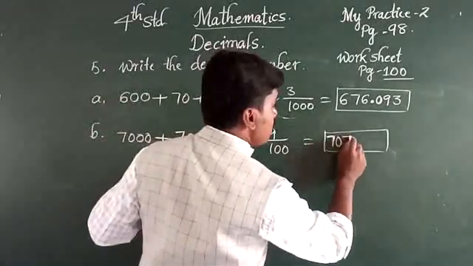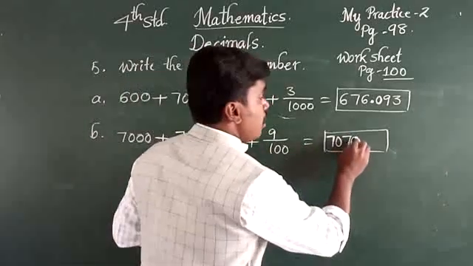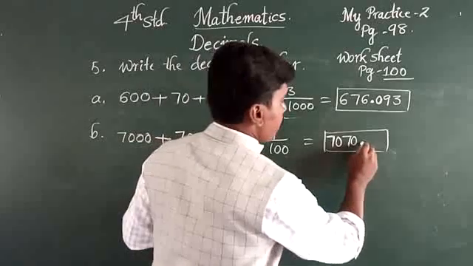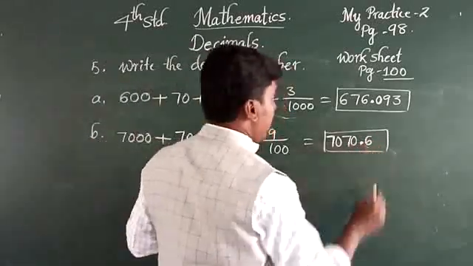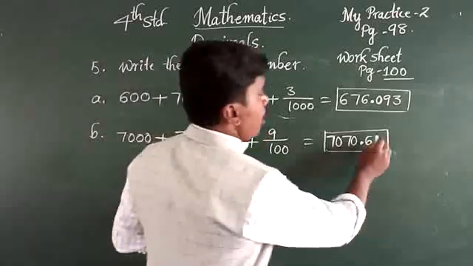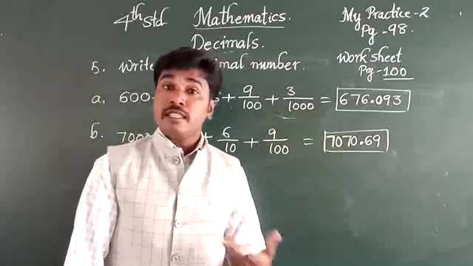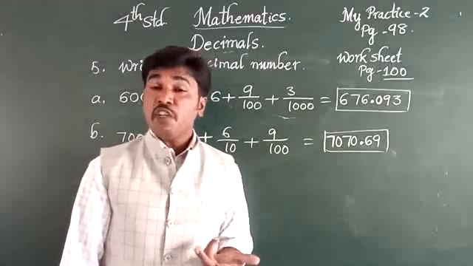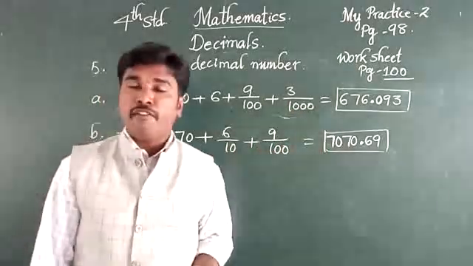There are 7 tens. Again ones also not given. It is 7070 point. That is 6 by 10. 6 is in 10th place and 9 is in 100th place. 7070.69. So in this way you write the expanded form into the standard form.